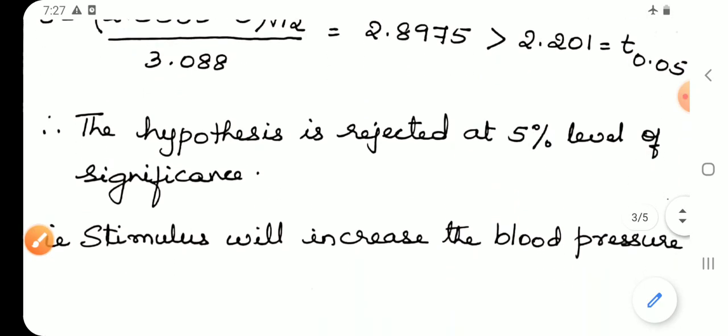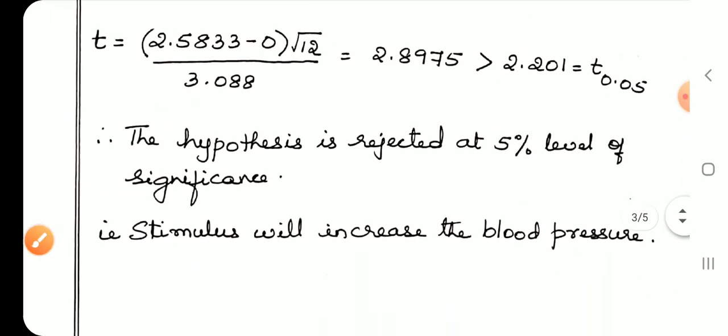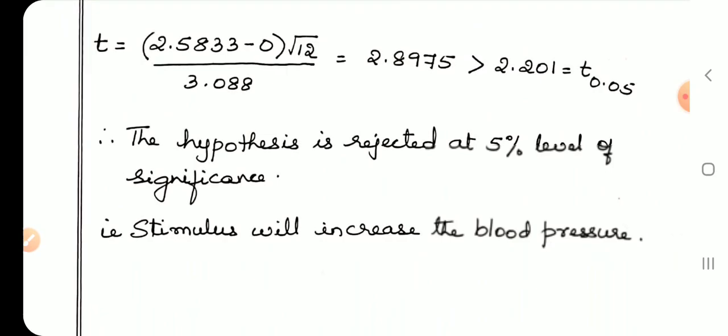Rejected means the stimulus will increase the blood pressure. What hypothesis have we taken? We have taken the hypothesis that this stimulus will not increase the blood pressure, but by the numerical results we can say that the stimulus is going to increase the blood pressure.